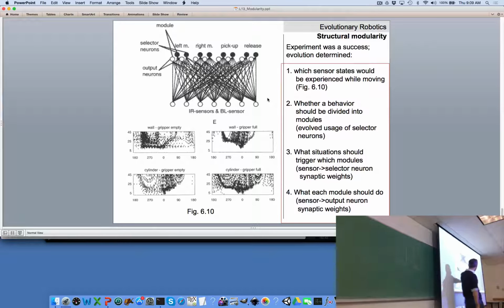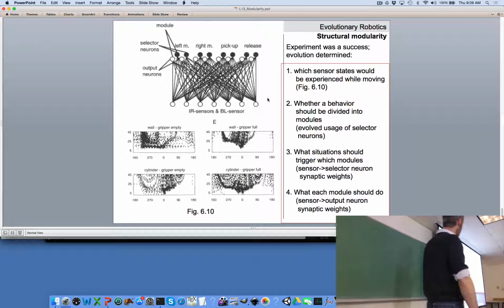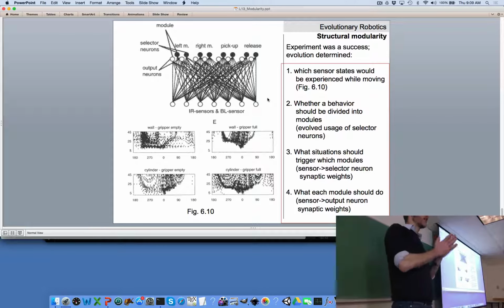Those are determined by the weights that connect the sensors to the selector neurons. I'm sorry, that's the sensor to selector neuron synapses allow evolution to decide what sensor states trigger switches between the modules. Right? It could have been when the gripper is full or empty. Do you have different modules for those two situations?